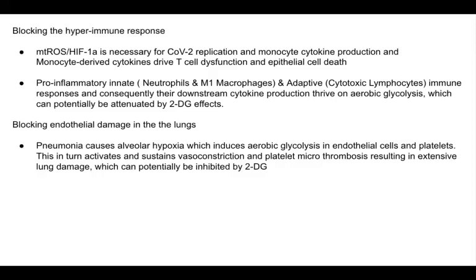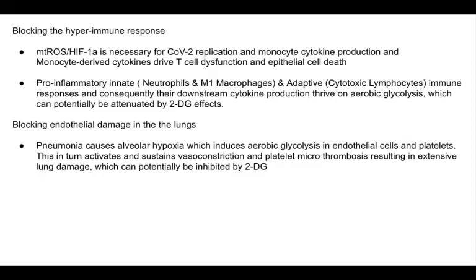Also, pro-inflammatory innate responses via the neutrophils and the M1 pro-inflammatory macrophages, as well as adaptive immune responses via cytotoxic lymphocytes, B lymphocytes, and consequently their downstream cytokine production, thrive on aerobic glycolysis. So we are coming back to our foundation, which is the Warburg effect, which is nothing but aerobic glycolysis. And these can potentially be attenuated by 2DG effects.